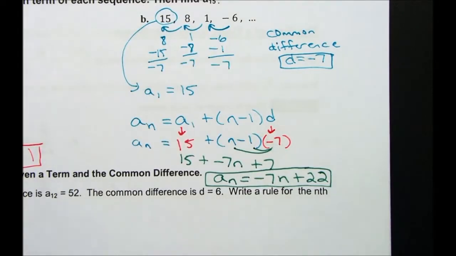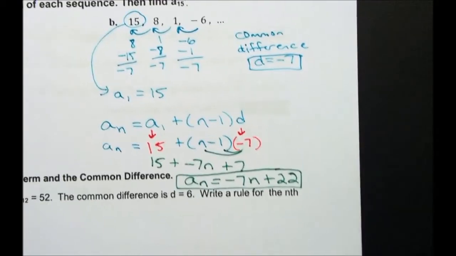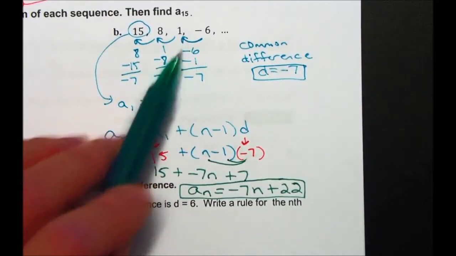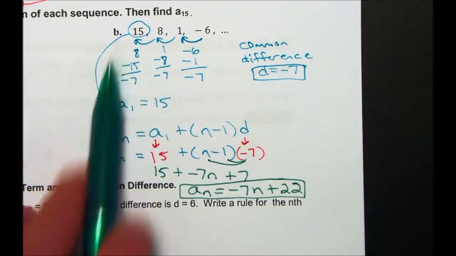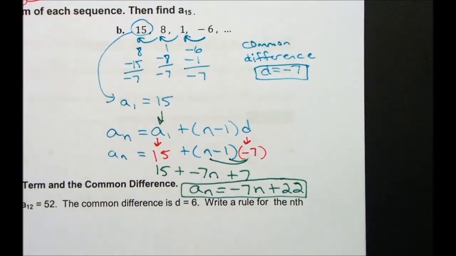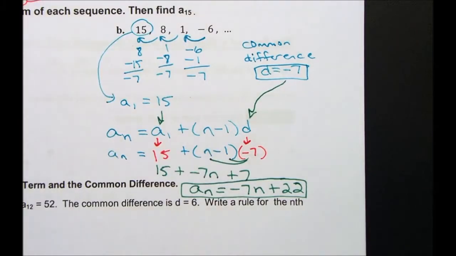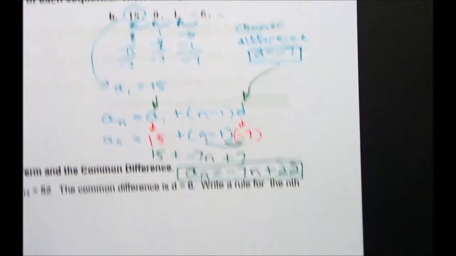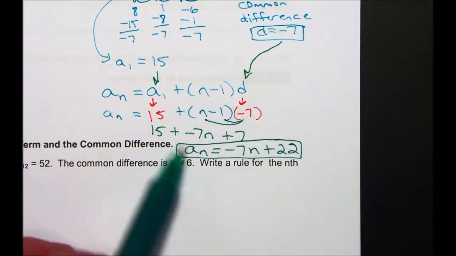Okay, here we go. So hopefully you are getting the same answer that I did. When you subtract right to left, I get a common difference of -7. My first term is 15, so the 15 goes into the equation for a sub 1. Your -7 goes into the equation for d, and then we distribute the -7 to the n minus 1 and combine like terms.